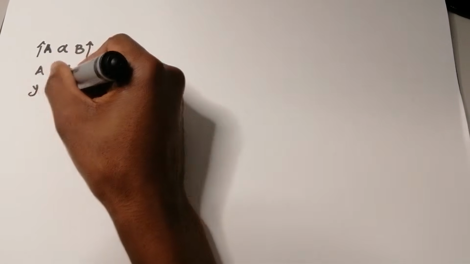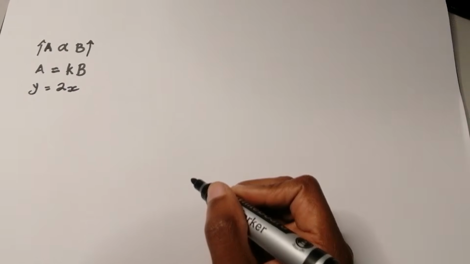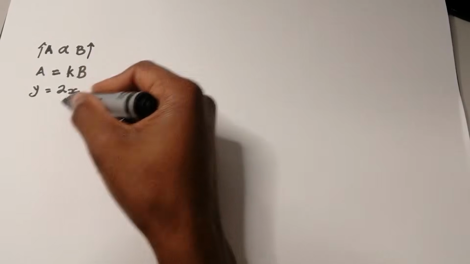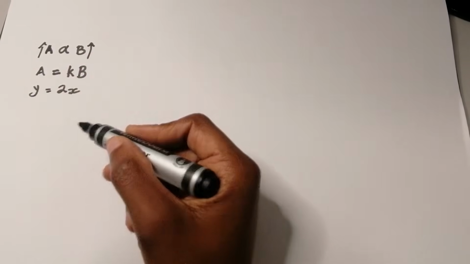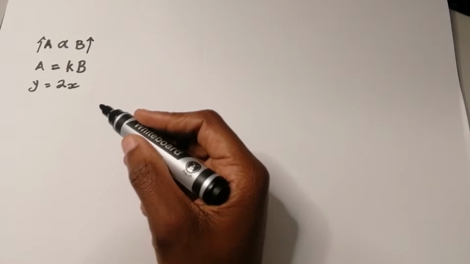Let me make an example. In maths, you would have something like y equals 2x. Whenever I increase x by 1, y increases 2 times. In essence, that is how we look at graphs.